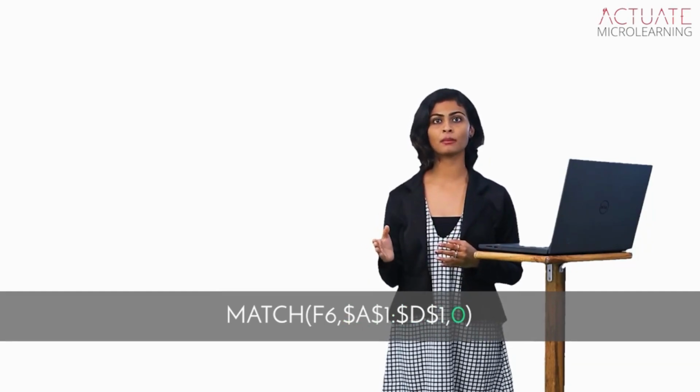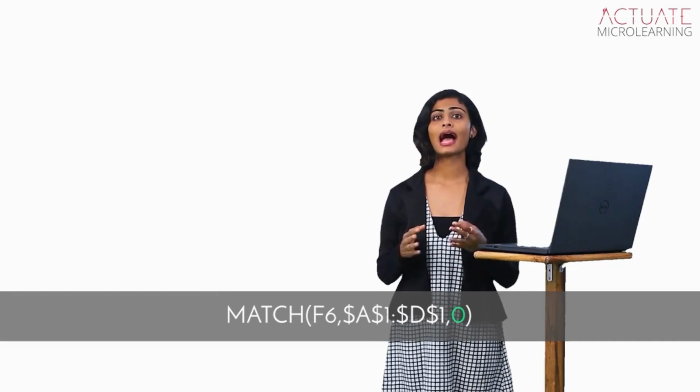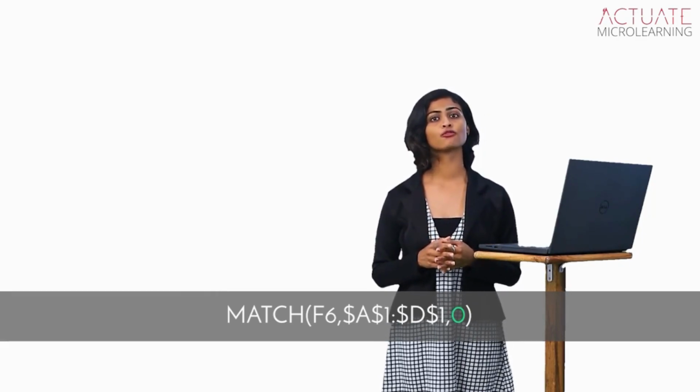The match type parameter is set to 0, and thus match looks for the exact value. We have seen how the match function within a VLOOKUP syntax is a good option for many cases where VLOOKUP alone does not meet your needs. This concludes dynamic column referencing in VLOOKUP using the match function.